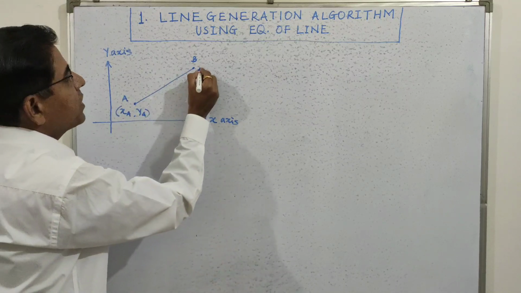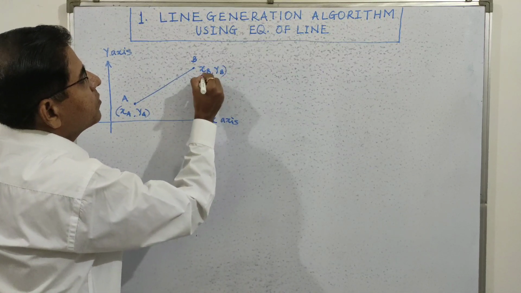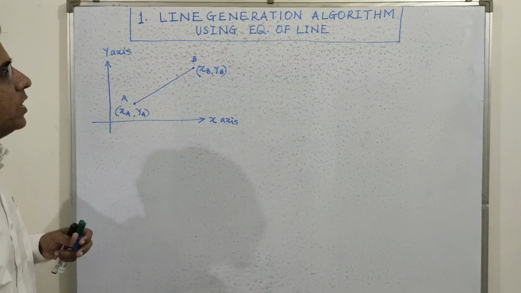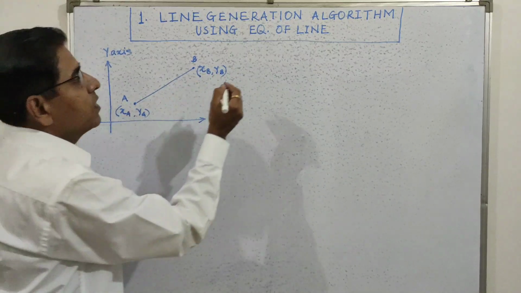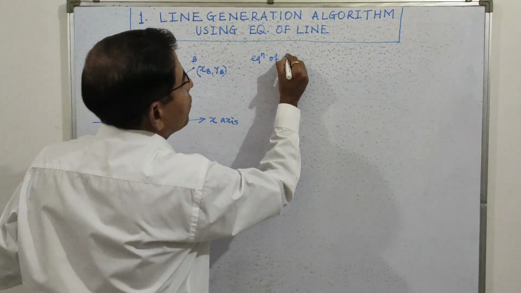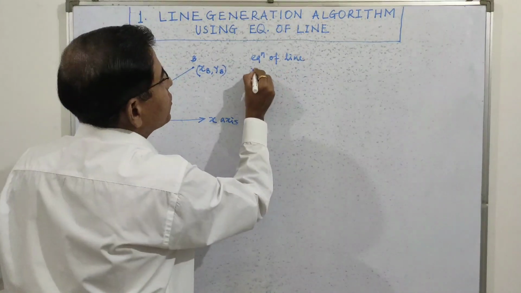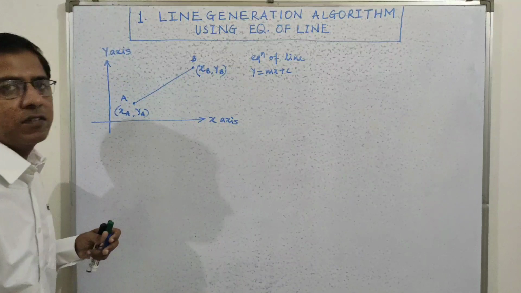End point coordinates are XB, YB. Okay, then the equation of this line is given by y equal to mx plus c.